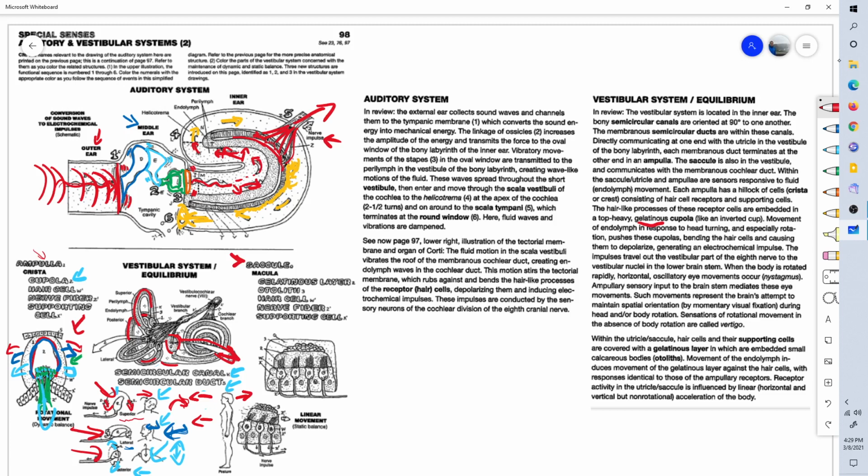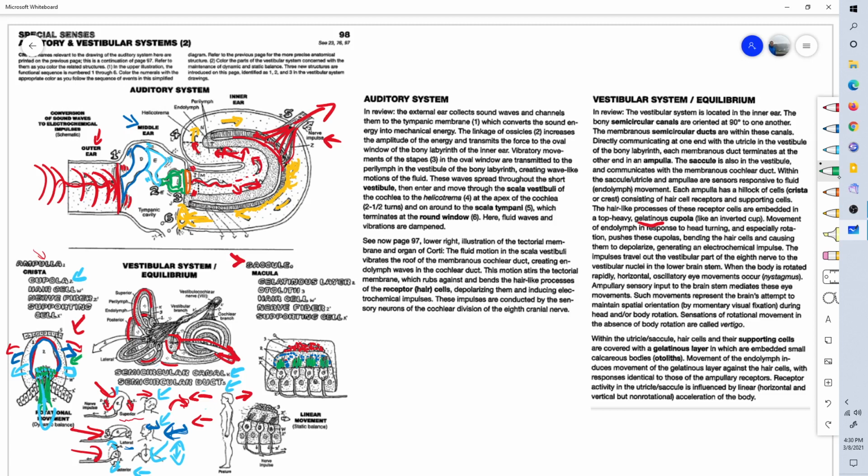Those are these little pebble-like structures right here. They're not actually rocks, but they are firm and they do have mass. And these rocks are sitting on top of a gelatinous layer, a layer of gel. And within the gel lie, you guessed it, our old friends, these little hair cells. These little hair-like projections out here.